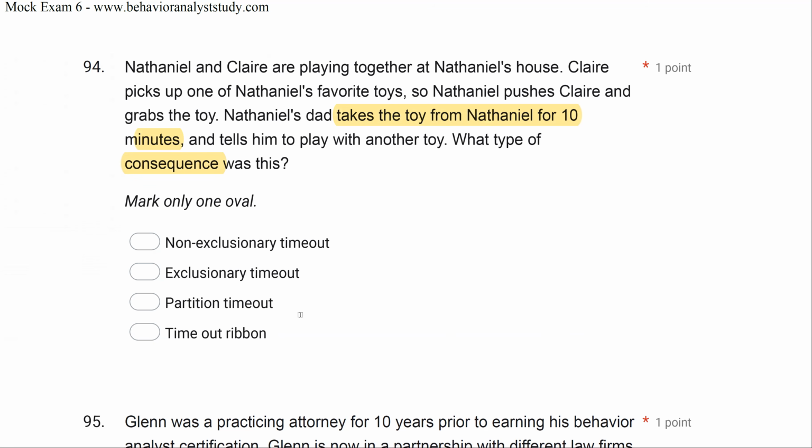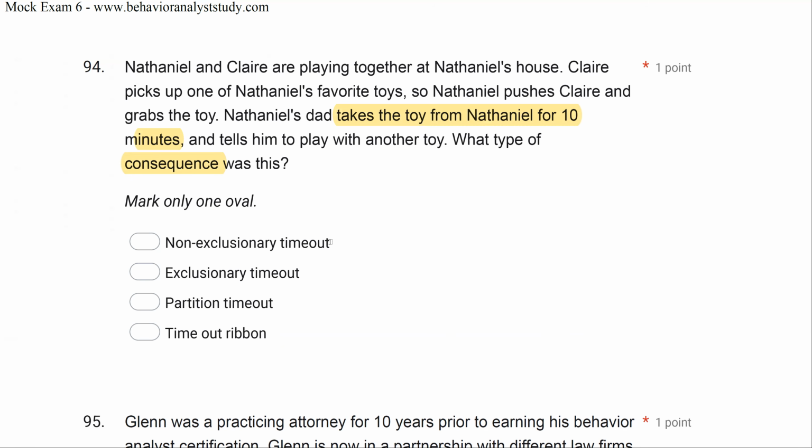All Nathaniel's dad did was put Nathaniel on timeout from reinforcement, specifically the toy. Nathaniel's still with Claire. He's still playing with other toys. He's just on a non-exclusionary timeout from that specific stimulus. And then a timeout ribbon is exactly what it sounds like, right? You put a ribbon or a star or a mark on somebody and it indicates they're on timeout, not occurring here.